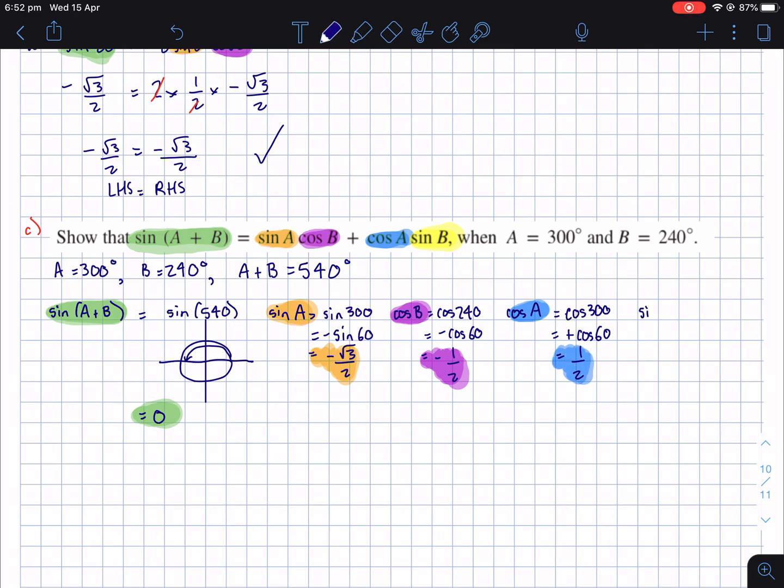And finally, sine B, which is sine 240, which is the same as, SATC, yep, negative sine 60, which is negative root 3 on 2.